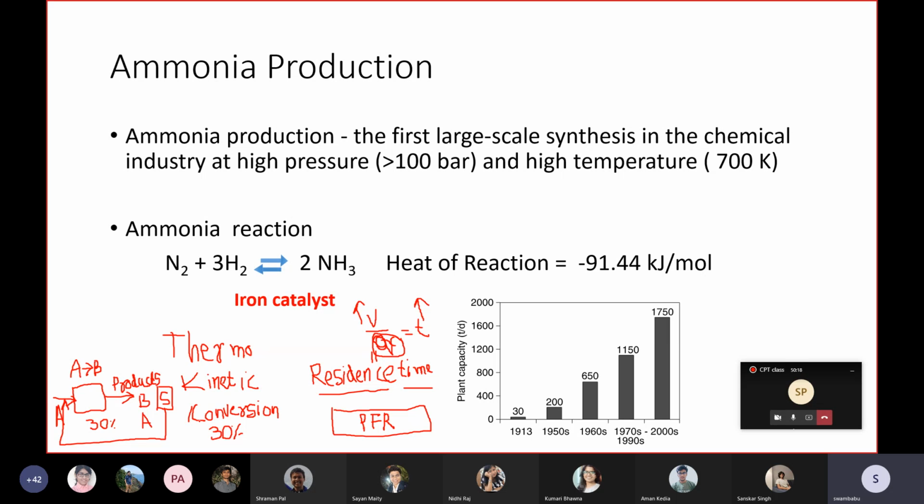If conversion is low, we have to devise a unit operation after the reactor that separates reactants from products, and the reactant has to be recycled. Then only can we utilize the full amount of A. Otherwise, the profitability of the process will be very low.